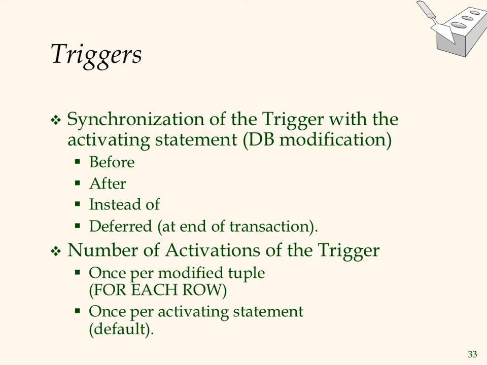The other main option you have is how often you want to activate the trigger. So you could do it once per modified tuple or once per activating statement. So in my grades example, you could say, well, after all the grades have been uploaded, then run the trigger on each grade. Okay?